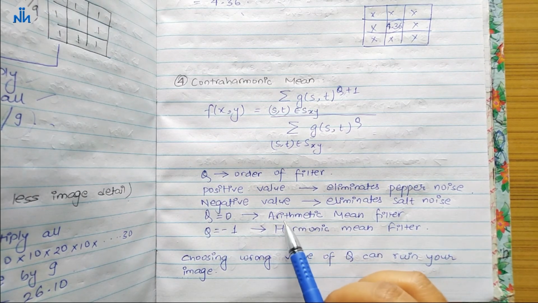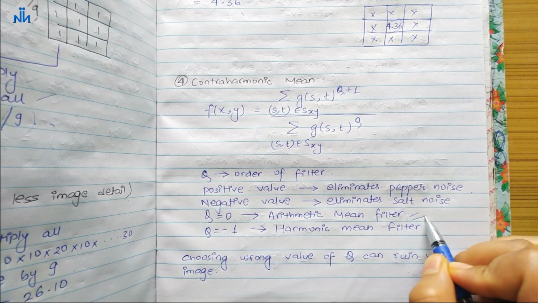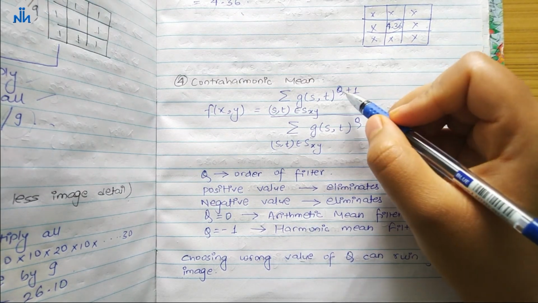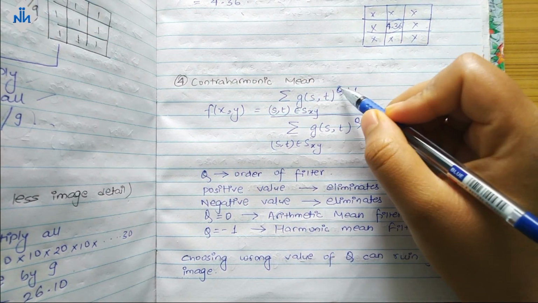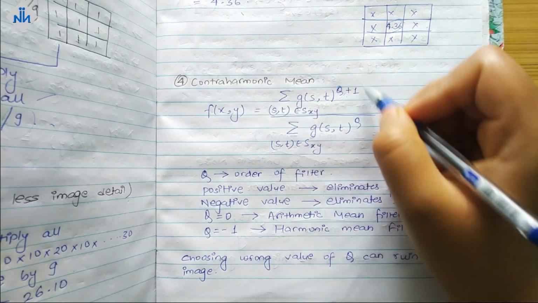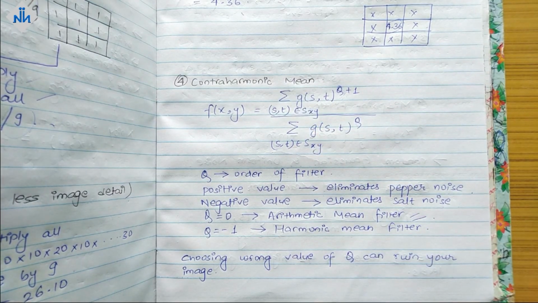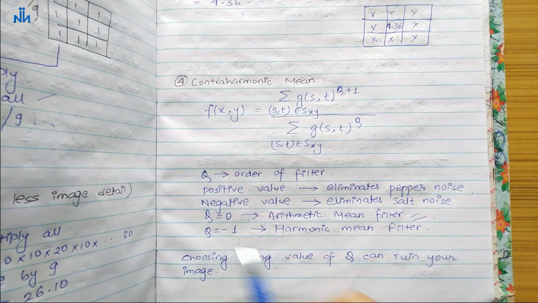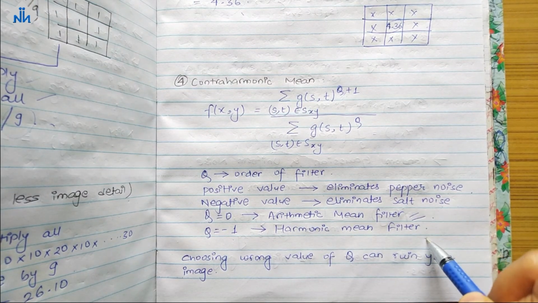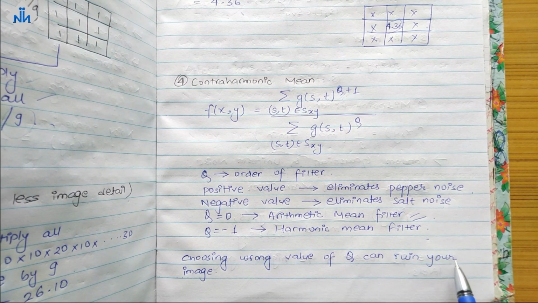When Q is 0, it basically makes our arithmetic mean filter, because this becomes 0 and this becomes 1, so we have only this one left. When Q is equal to -1, it becomes the harmonic mean filter. Choosing the wrong value of Q can ruin your entire image, so we have to be very careful in choosing Q.